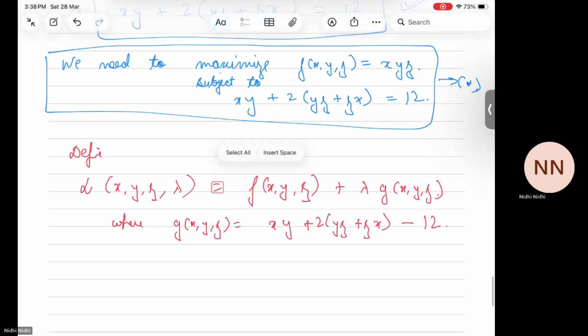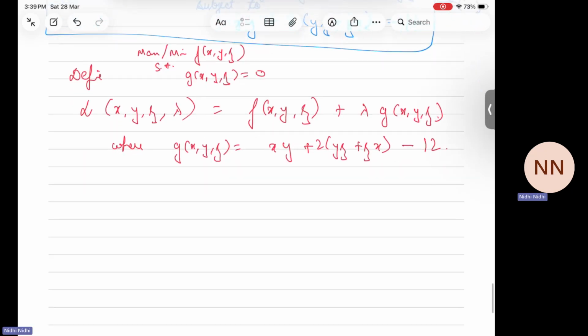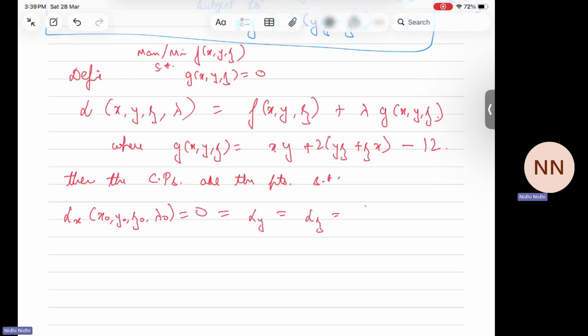So if we need to maximize or minimize a function f with respect to the constraint that g(x,y,z) equals 0, in that scenario we construct this function L, and the critical points are the points such that the partial derivatives of L with respect to x, y, z, and lambda all are 0 at those points, such that Lx is 0, which is equal to Ly, Lz, L lambda.